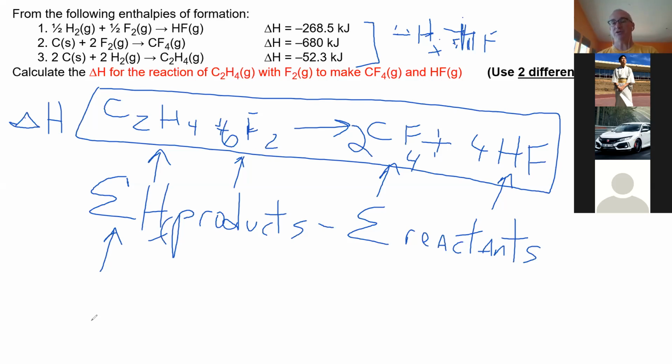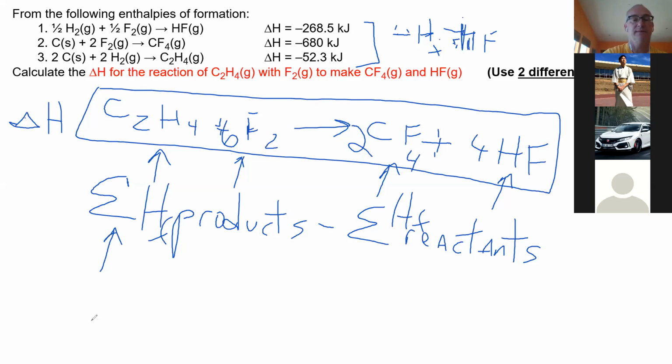As far as the heat of formation of the reactants, we need to subtract those, because we're doing the opposite of forming: we're breaking them up. So we sum all the heats of formation of our products and subtract all the heats of formation of reactants.